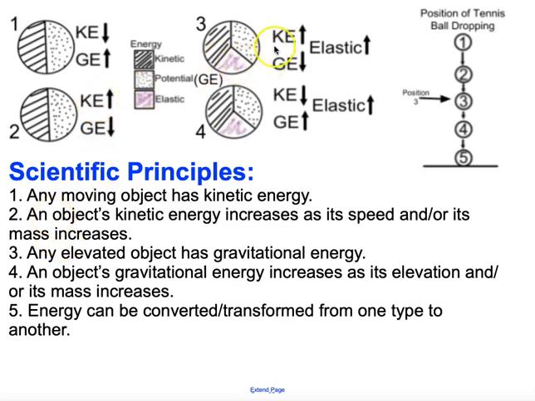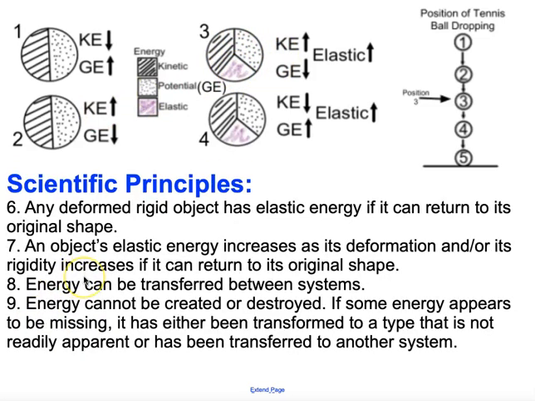Now we have to figure out, okay, why is it not EE? And that goes to scientific principle number 6. So go ahead and write in your paper, scientific principle number 6 states that any deformed rigid object has elastic energy if it can return to its original shape.